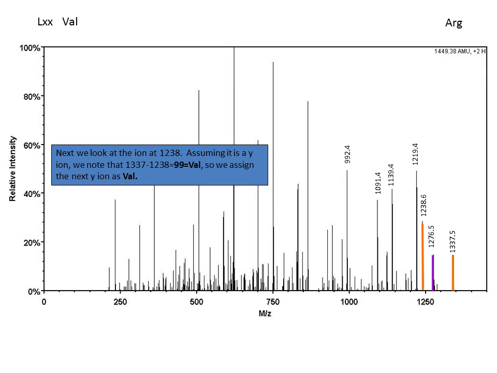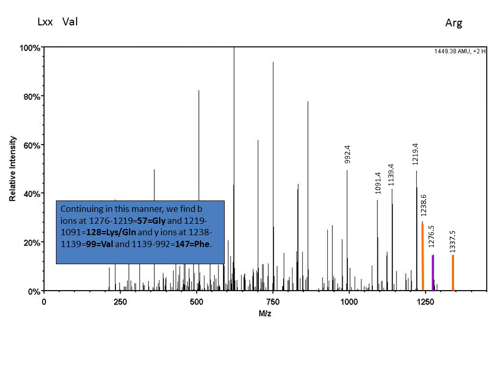So the difference between 1337 and 1238 is 99, which is the mass of valine. So we say that the next amino acid in the sequence from the N-terminal towards the C-terminal is valine.